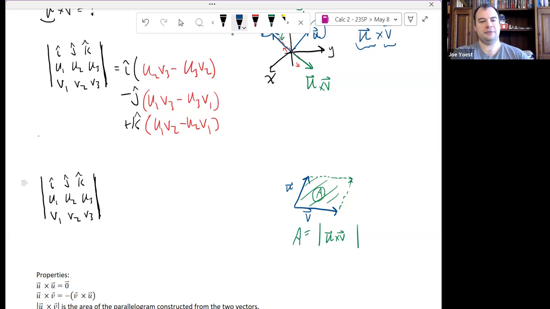I see that I have three columns sitting next to one another. I can make a copy of this column off to the right. I can make a copy of this column off to the right. And then I can look at these diagonals.